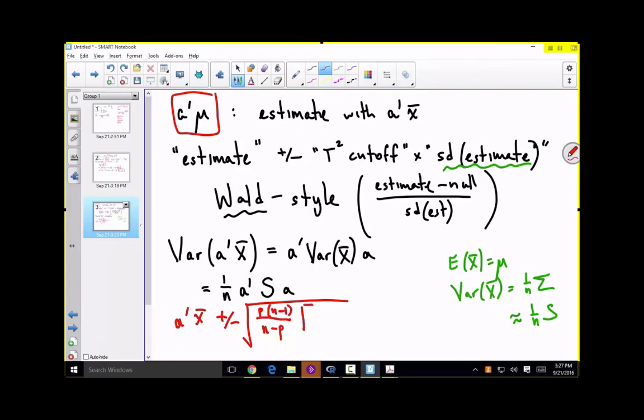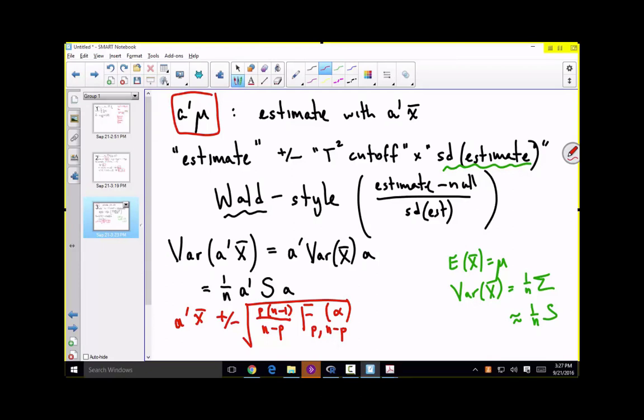And then I want a critical value from the F distribution with p and n minus p degrees of freedom, the number that puts alpha percent to the right. In the context of a 95% confidence interval, that would be the 95th percentile of this F.